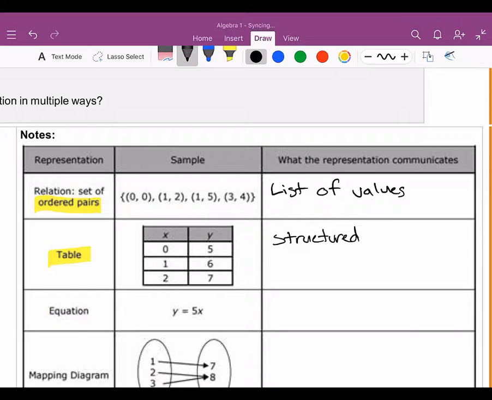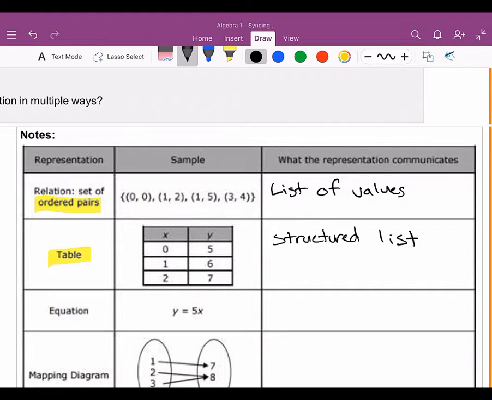It's built in a certain way. The way this table is built, you can see your x's, your y's. Okay, the points are not just listed for you, but it's in a way where you can easily see the x's together, the y's together. X's to the left, y's to the right, independent variables to the left, dependent variables to the right, and so on.